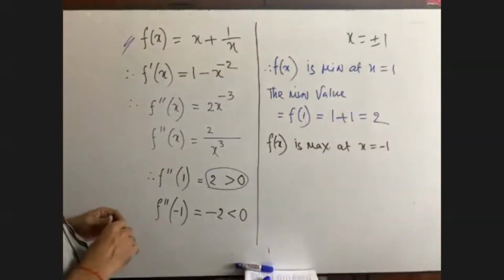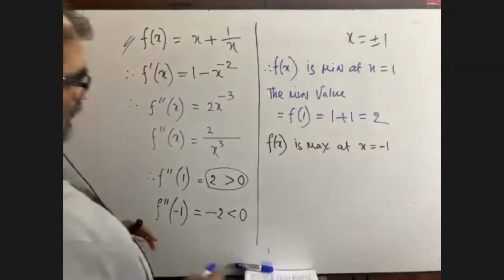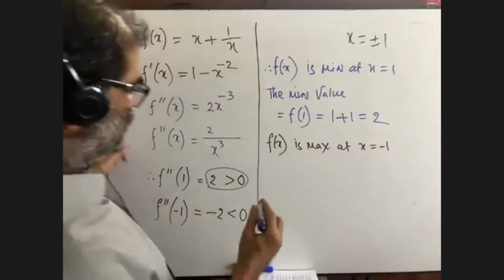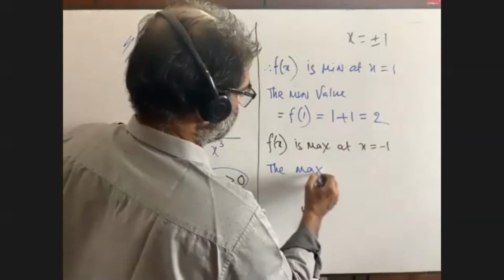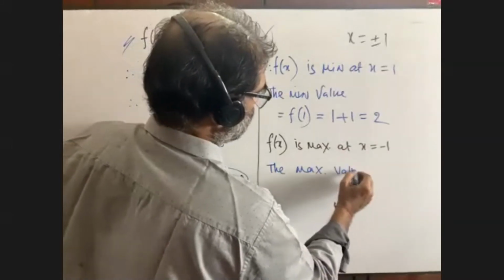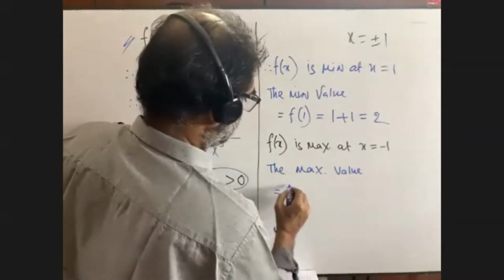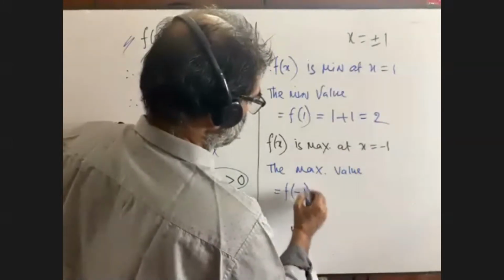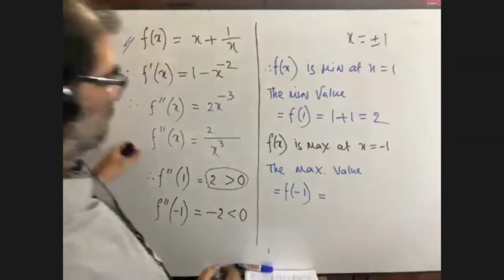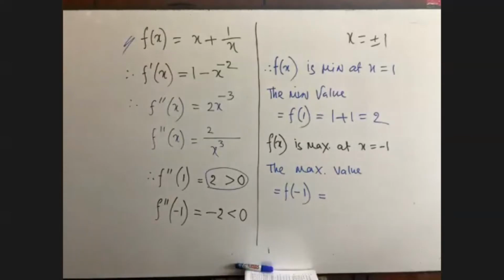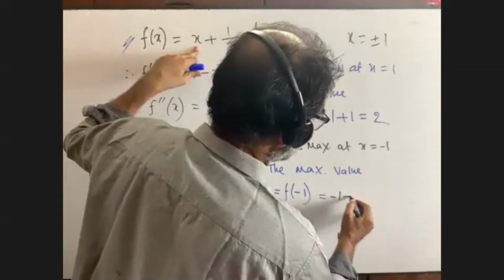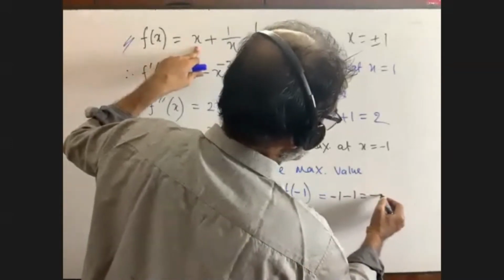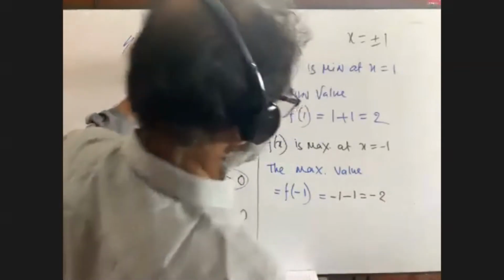Now, x equals minus 1. So we are getting the maximum value at x equals minus 1, that is minus 1, minus 1, minus 2.